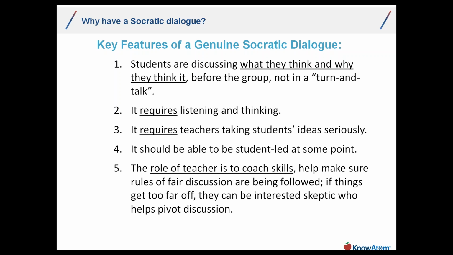Number 4, a Socratic dialogue should be something where students are developing the practices through this, but also learning expectations, learning how to conduct themselves in this type of environment where students are sharing ideas, where a teacher is acting as a moderator. It should be able to be student-led at some point, even in a kindergarten or first grade class. I'm going to show you some different models in a moment for how Socratic dialogue can happen at these different levels.